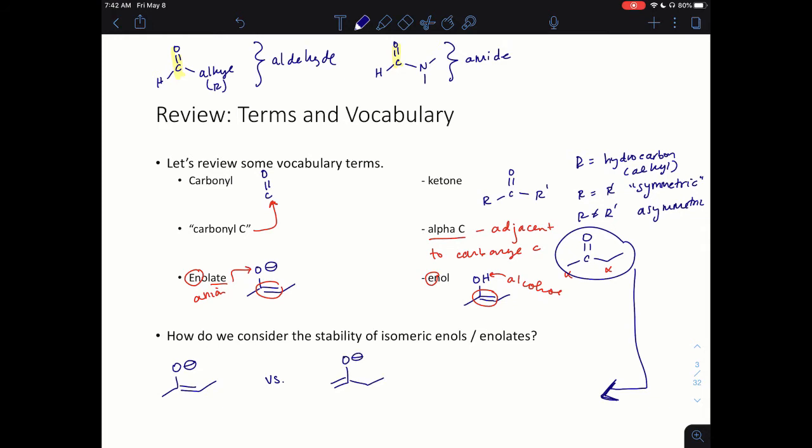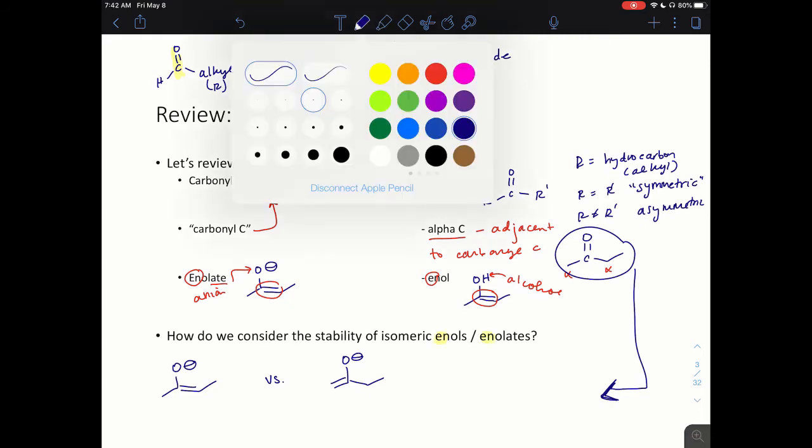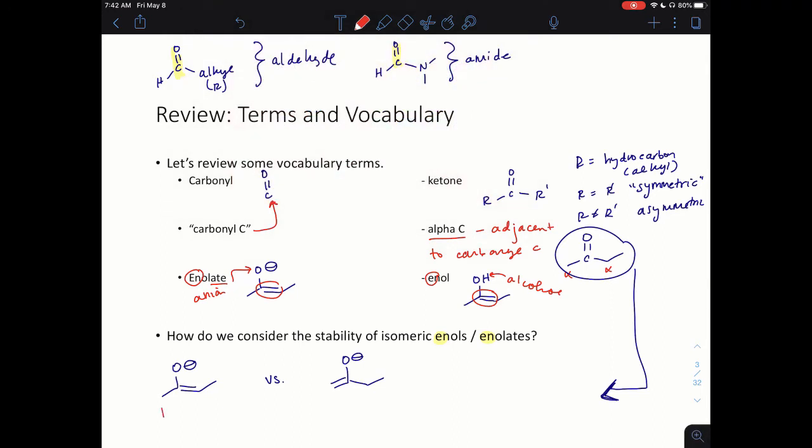So how can we consider their relative stability? Well, it's with the en part. So we have a tri-substituted alkene versus a di-substituted alkene. And so the tri-substituted alkene is more stable or lower energy.